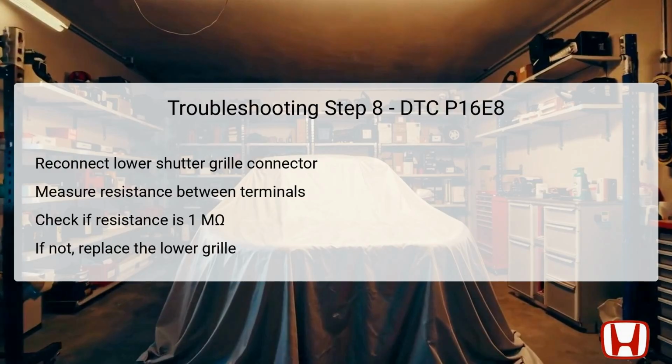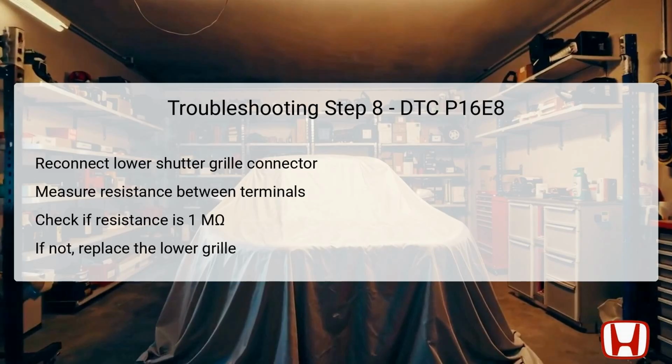Step 8 involves a similar approach to the previous check, focusing on the lower shutter grille. After reconnecting the shutter grille's lower 4P connector, the technician must measure the resistance between terminal female number 1 of the alternator connector and body ground. This measurement assesses if the circuit continues to maintain proper integrity.